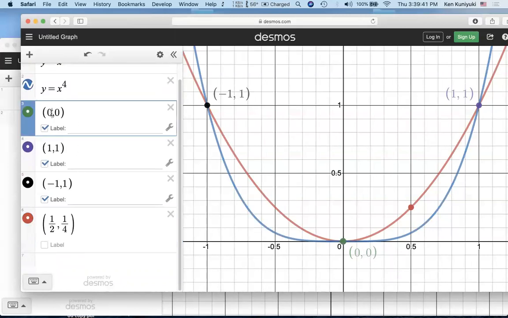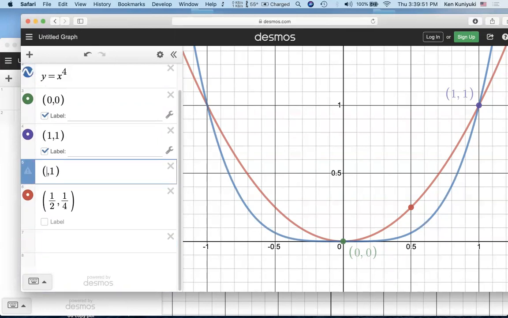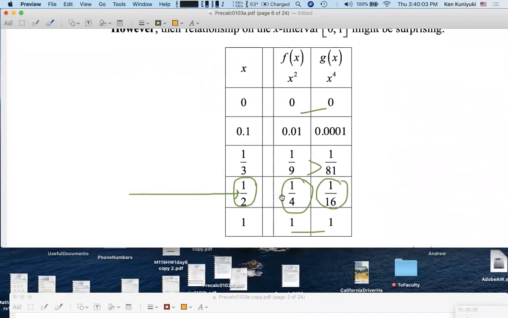I'll go back up here. 1/2 comma 1/16 over there in black. The red graph beats the blue graph for values like 1/2 or -1/2. That might surprise you. Hopefully not too much.